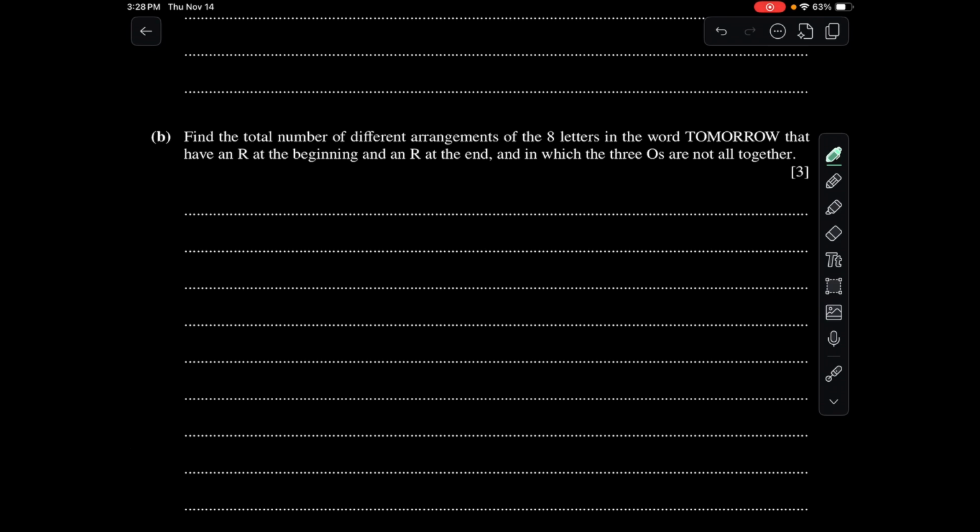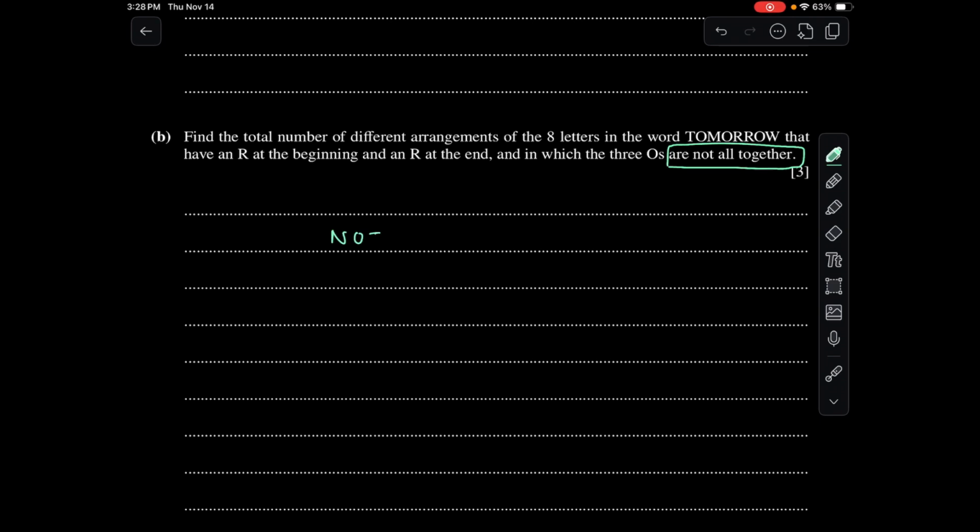Next question, part B. Find the total number of different arrangements of the 8 letters in the word tomorrow that have T at the beginning, R at the end, and in which the 3 O's are not all together. Now there is a difference between not together and not all together.